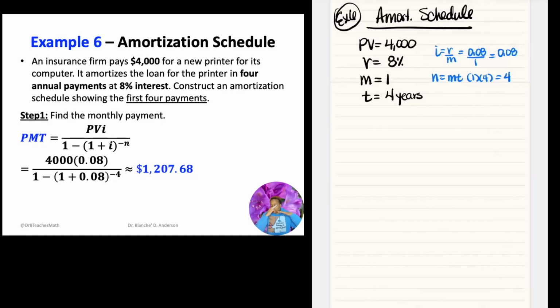So now when you fill out the amortization schedule, you want to show, okay, here's my payment. I'll do this in blue. So you're going to have your payment. And then you're going to show how much of the payment went to interest. And then how much of the payment went to the principal.